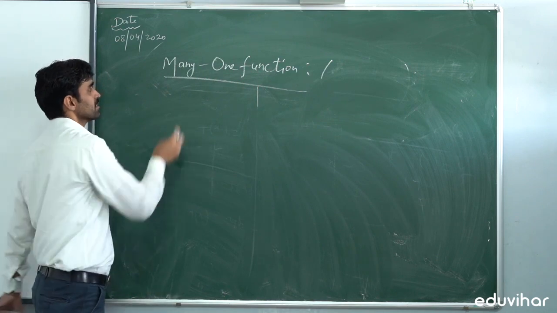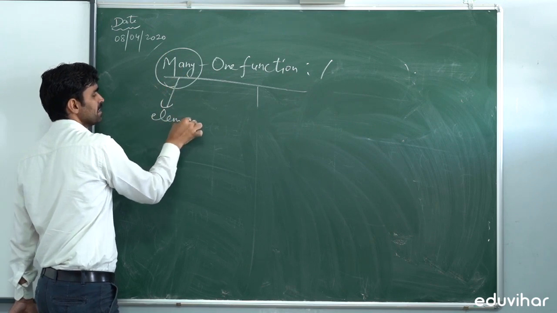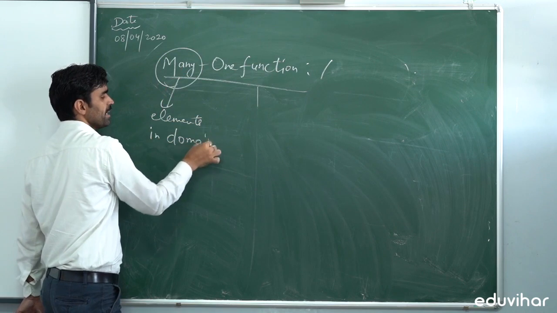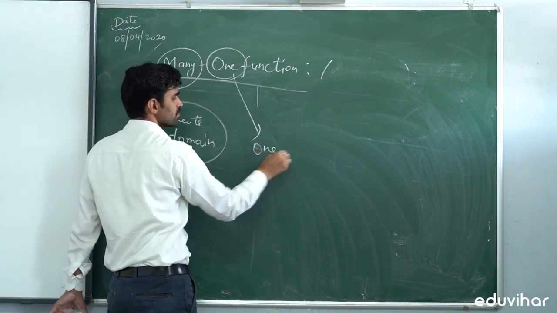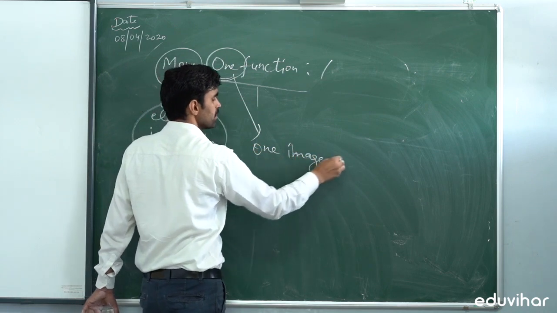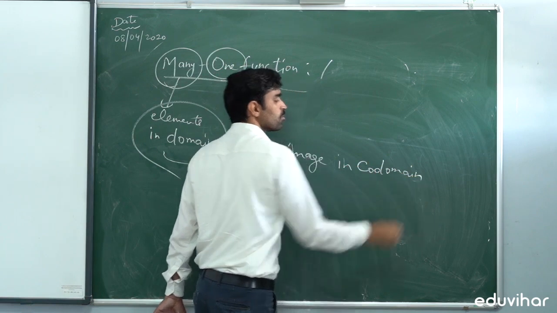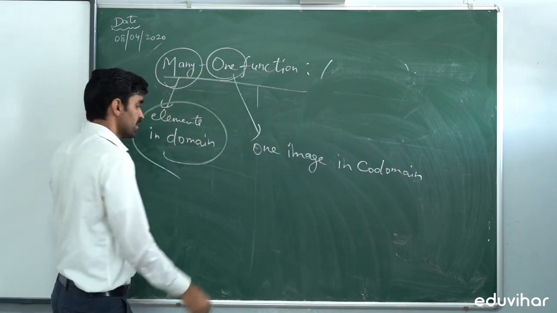Okay, sorry, this many one function, it means many elements in domain must have one image in codomain. If this is so, then this type of function must be many one.